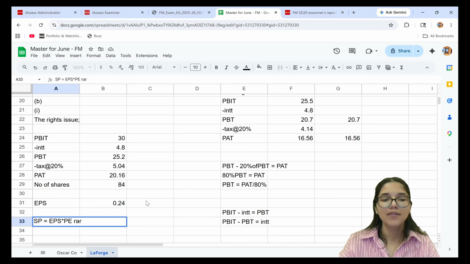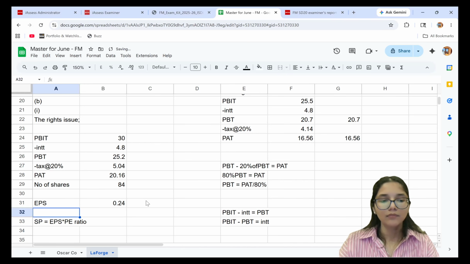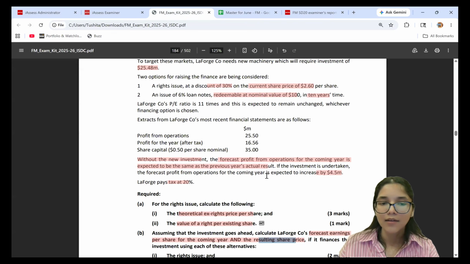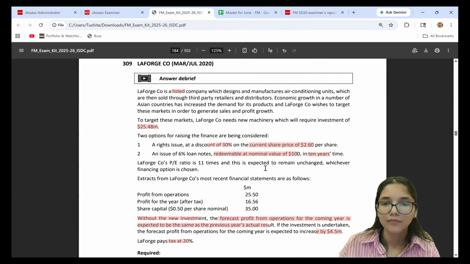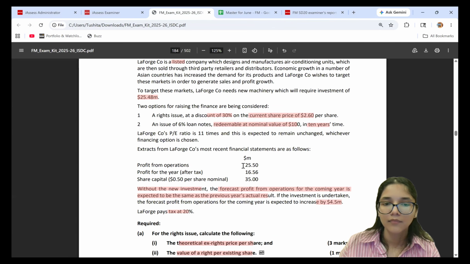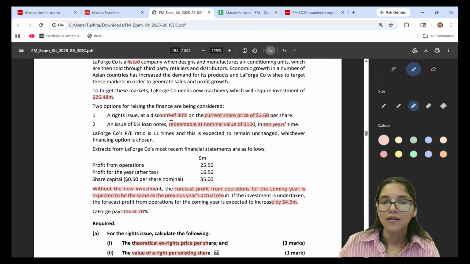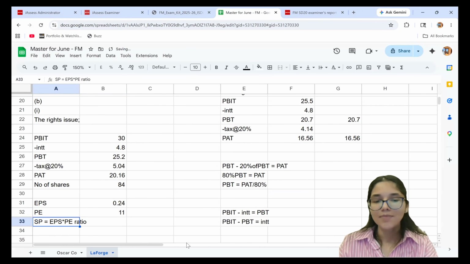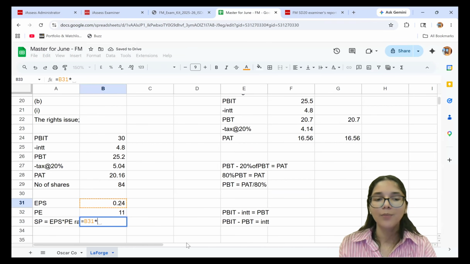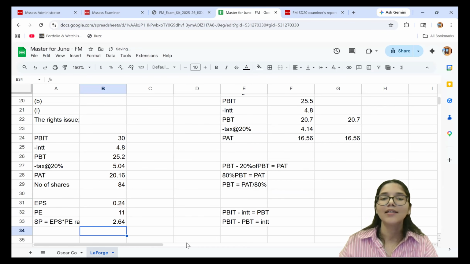The PE ratio is given in the question itself as 11 times. I'll just highlight this. So 11 times, that means my share price will be 0.24 times 11, that is 2.64.